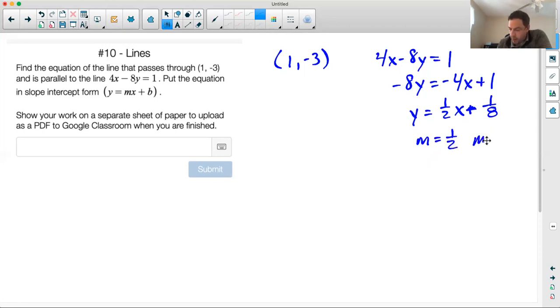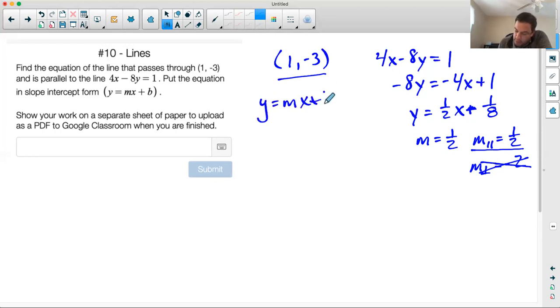Now, this is the slope of that line, 1/2. If it's parallel, the slope is also 1/2. If it were to be perpendicular, then it would be the opposite, so positive to negative, and then the reciprocal, so positive or -2 would be the slope. We're looking for the line that's parallel, so we're going to use that slope and this point. So again, y equals mx plus b.